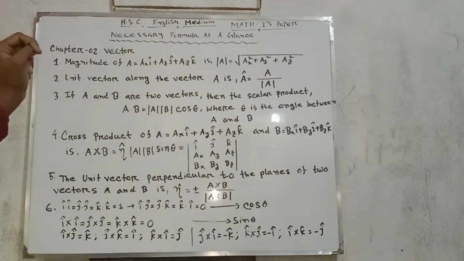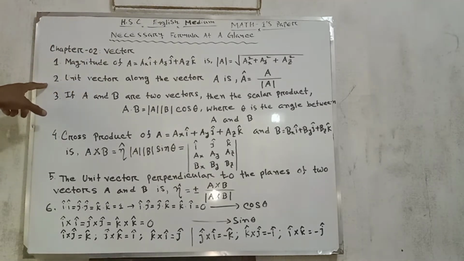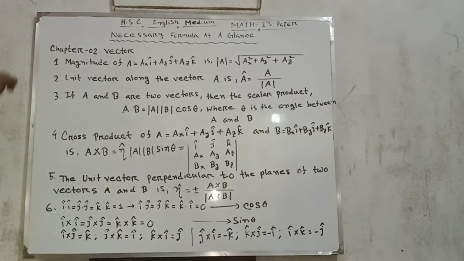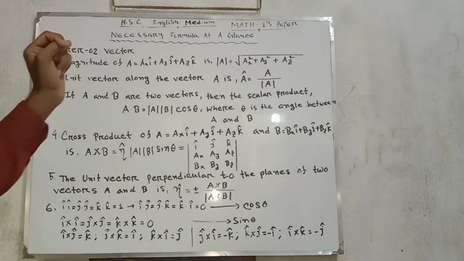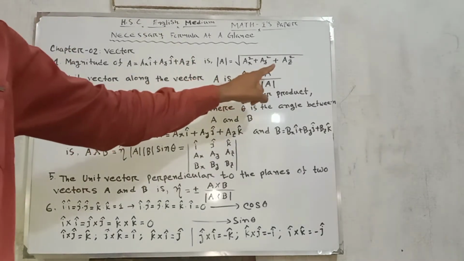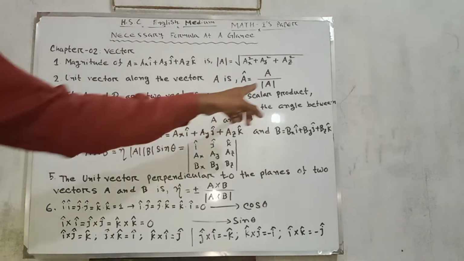Okay, it is the first formula of vectors. Next, second formula, unit vector along the vector. Unit vector along the vector A is A cap equals A divided by modulus of A. Modulus of A means value of A.